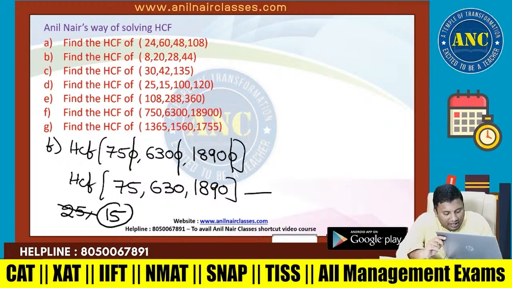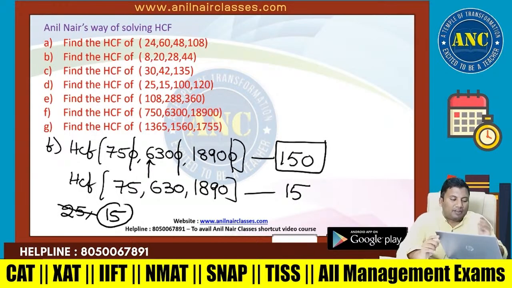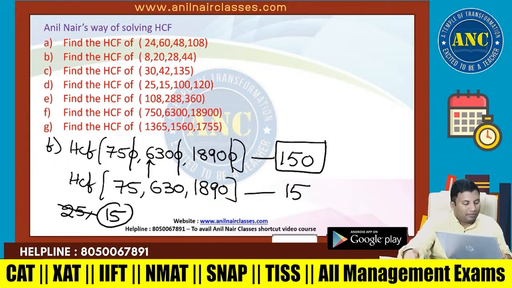So 15 is the answer for this number. But I want the answer for 750. Another 0 is to be suffixed. Answer for this question is 150. I hope it is clear, right?